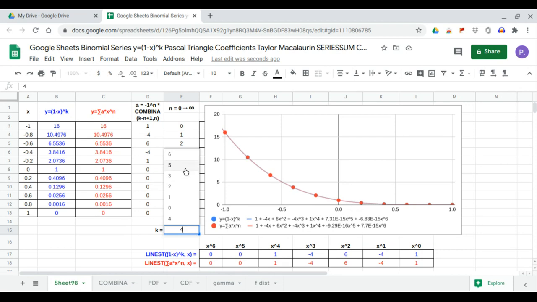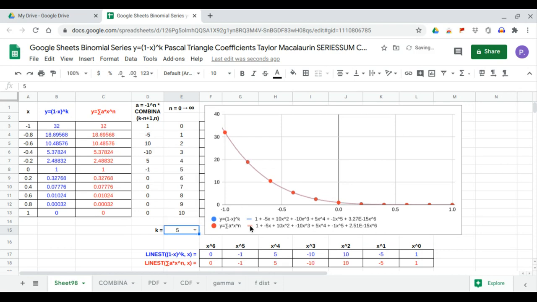At k equals 5, y equals 1 minus 5x plus 10x squared minus 10x cubed plus 5x to the fourth minus x to the fifth, and this is 0. So our regression coefficient is the same as our expansion coefficient.